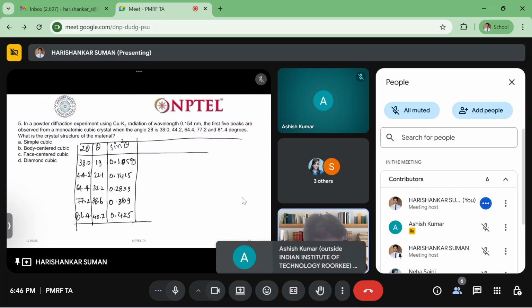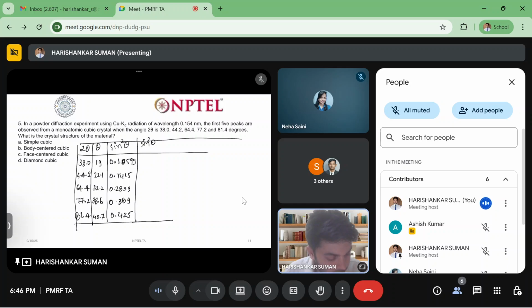Okay, now we have to use this strategy, sin square theta divided by sin square theta minimum. Which is the minimum? This is.